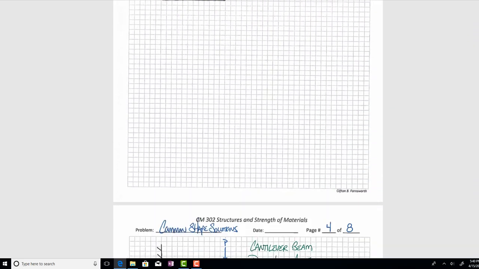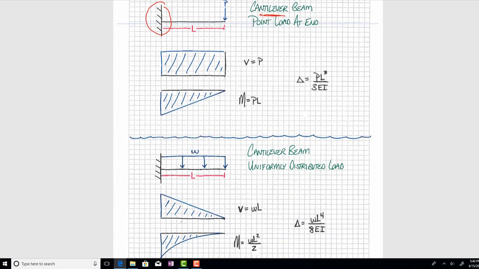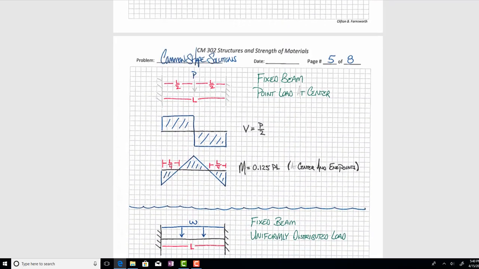Couple quick things to note with this. Anytime they've got a fixed end, in this case a cantilever beam with a fixed end, I've drawn it with a fixed symbol, so you can follow that. This is one place that students tend to grab the wrong equation.